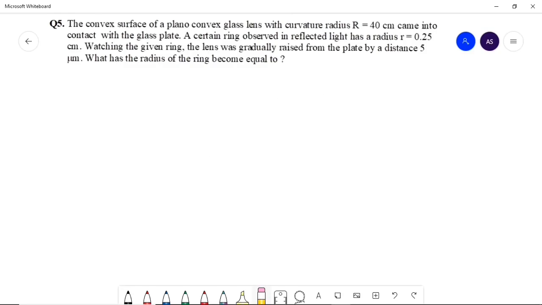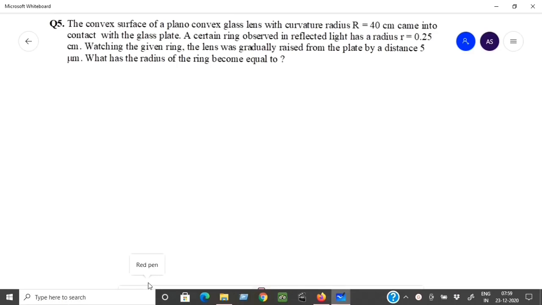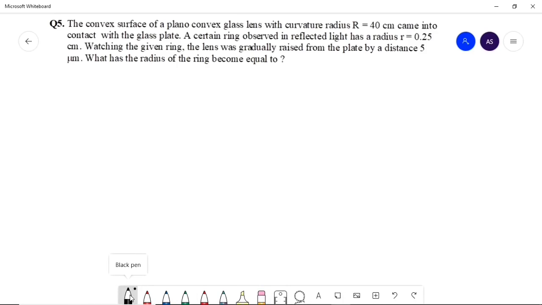Question number 5. The convex surface of a plano-convex lens with radius of curvature is given, R is equal to 40 centimeter, and the radius of a certain ring is given as 0.25 centimeter.